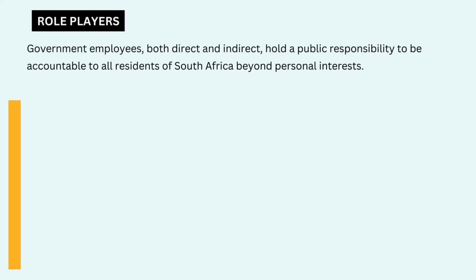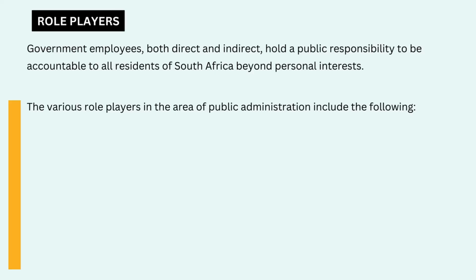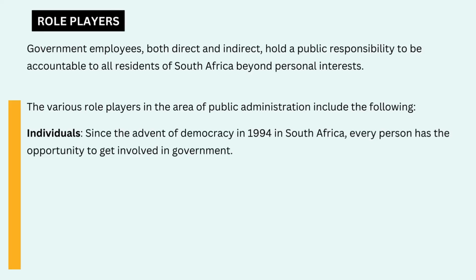Role players. Government employees, both direct and indirect, hold a public responsibility to be accountable to all residents of South Africa beyond personal interests. The various role players in the area of public administration include the following. 1. Individuals. Since the advent of democracy in 1994 in South Africa, every person has the opportunity to get involved in government.